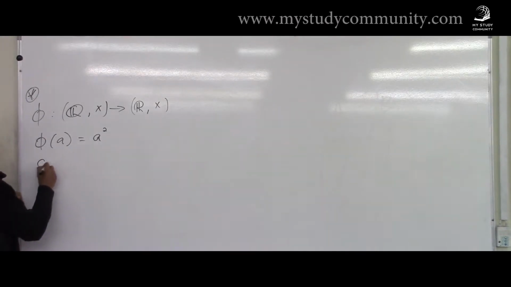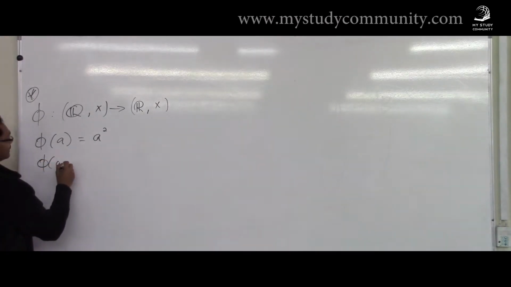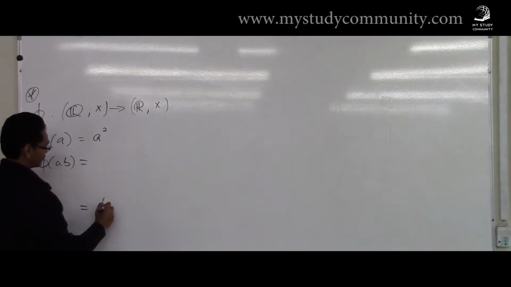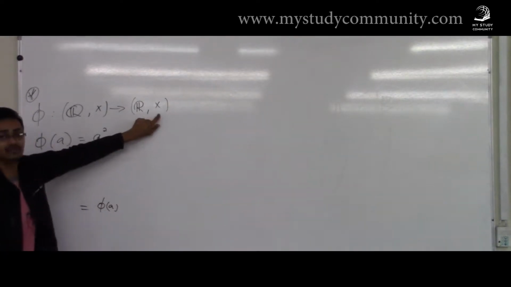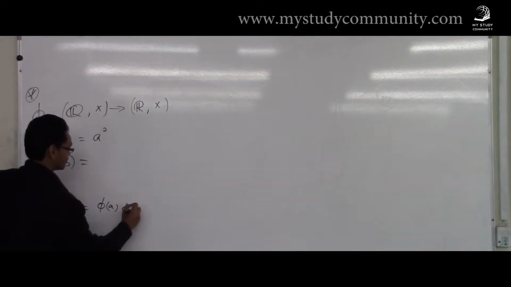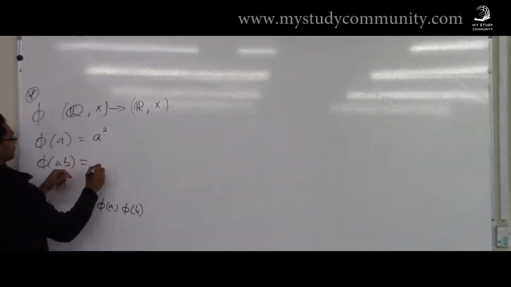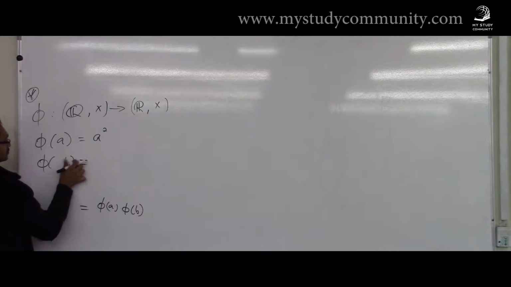So we want to show that phi of AB, so it's multiplied, is phi of A, but it's still multiply, yes? Phi of B. So let xy, right?